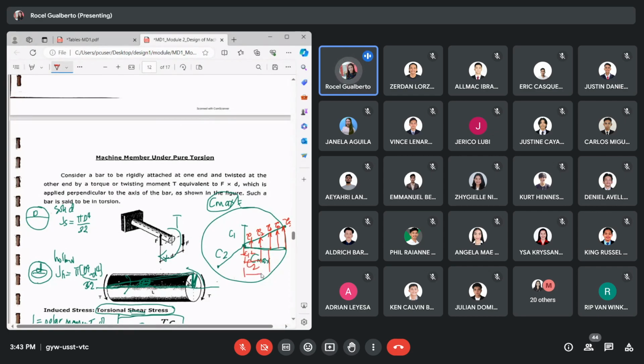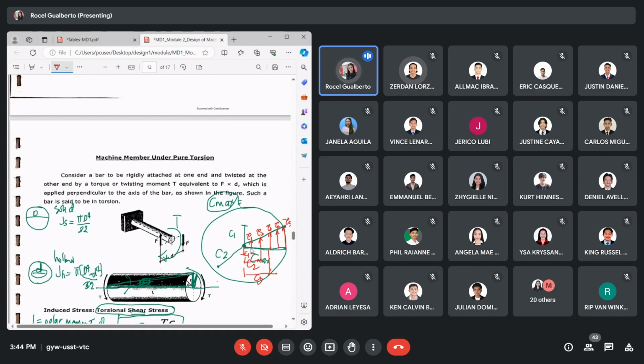What can you say about po doon sa relation noong ating shear stress with the value of C? Anyone? Ano po yung nakikita ninyo? Yes, Sir Dan. Directly proportional. Okay, directly proportional.